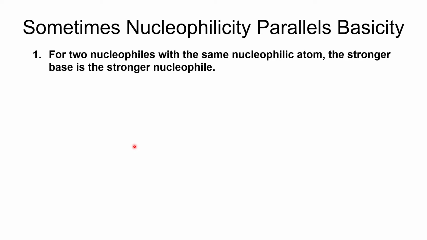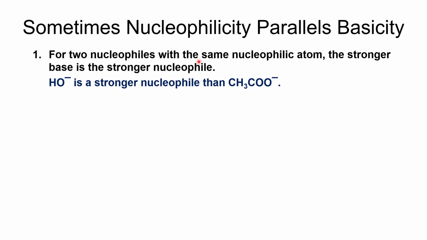Sometimes nucleophilicity will parallel basicity. If you have two nucleophiles with the same nucleophilic atom, the stronger base is the stronger nucleophile. For example, hydroxide is a stronger base than the acetate ion, and so hydroxide is also a stronger nucleophile because it is a stronger base.